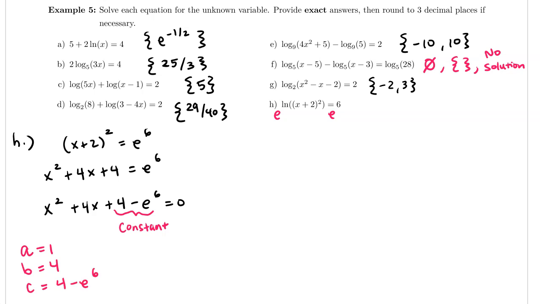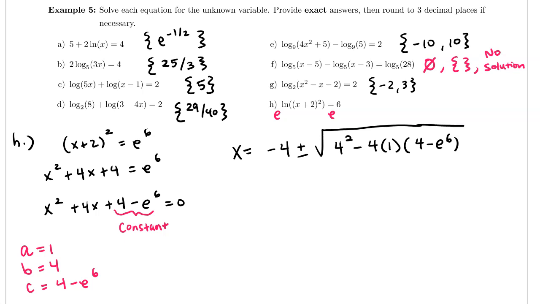So if we use the quadratic formula, we get x equals negative b plus or minus the square root of b squared minus 4 times a times c, all over 2 times a.